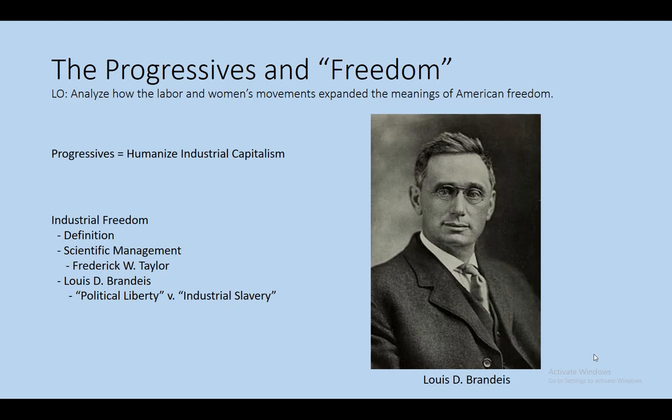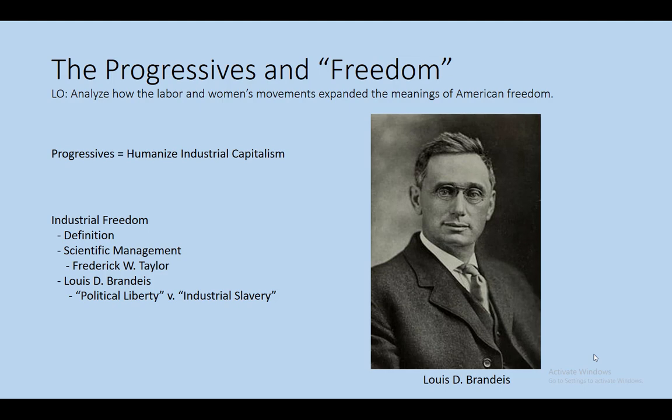Essentially, progressives believed that they needed to humanize industrial capitalism and find common ground in society. And many complained about this loss of freedom from factory workers to employers. This idea that capitalism became all about making money and forgot that there were people, right, who needed to eat and who needed to be treated fairly and ethically.